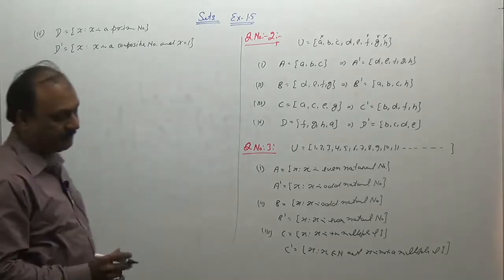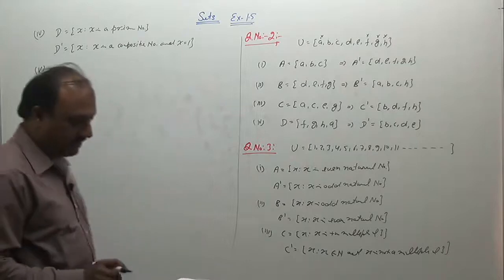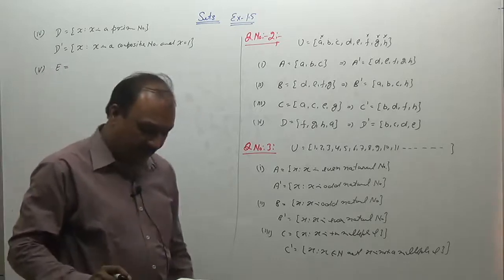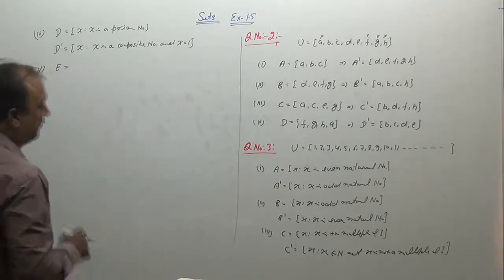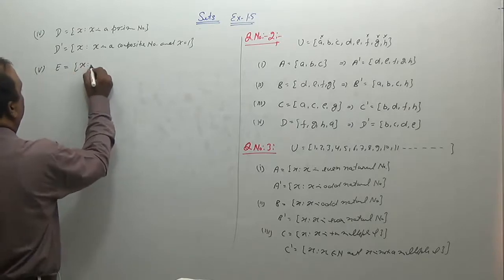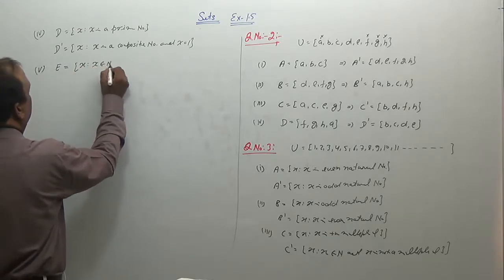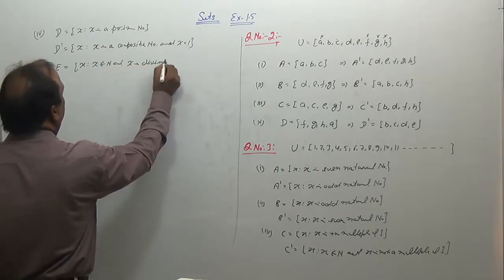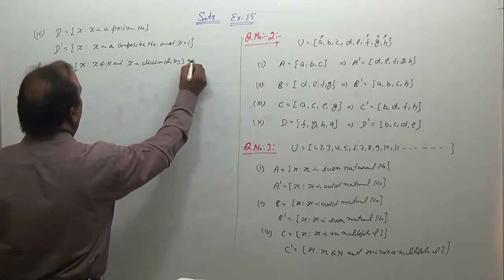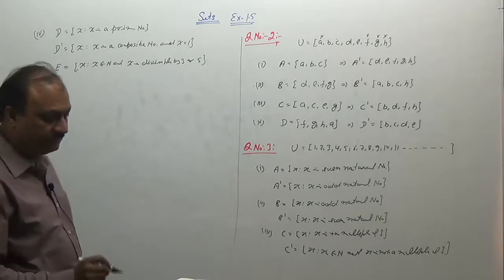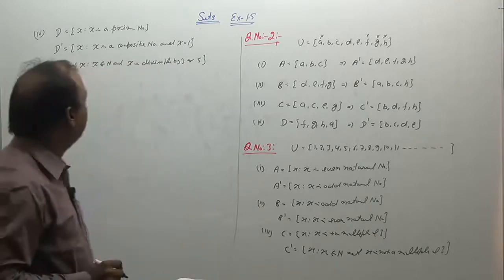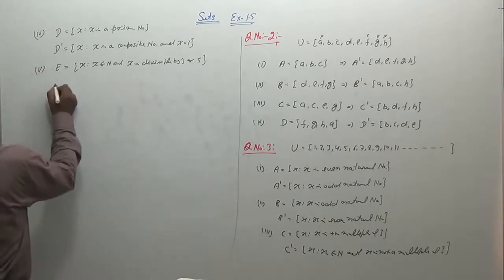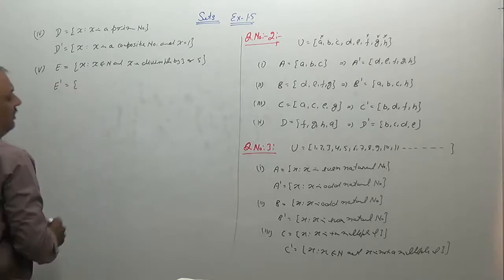Fifth part is, let us suppose this set is denoted by set E. The set E is the set of elements X such that X is a natural number and X is divisible by 3 or 5. So E is a set which contains the natural numbers which are divisible by 3 or 5, and we want to find out its conjugate.